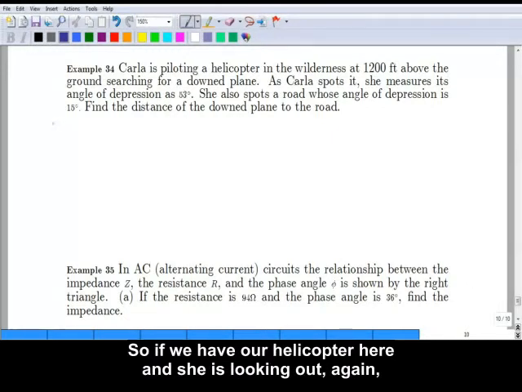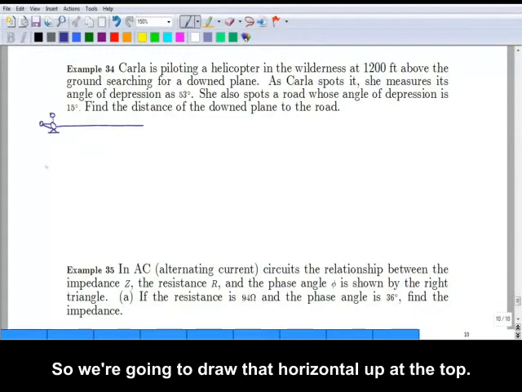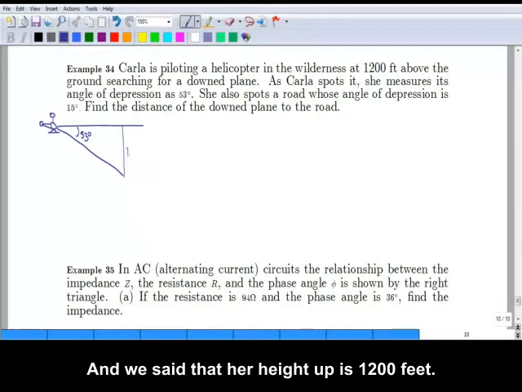So if we have our helicopter here and she is looking out, again this is an angle of depression, so we're going to draw that horizontal up at the top. We have an angle of depression of 53 degrees. And we said that her height up is 1,200 feet.